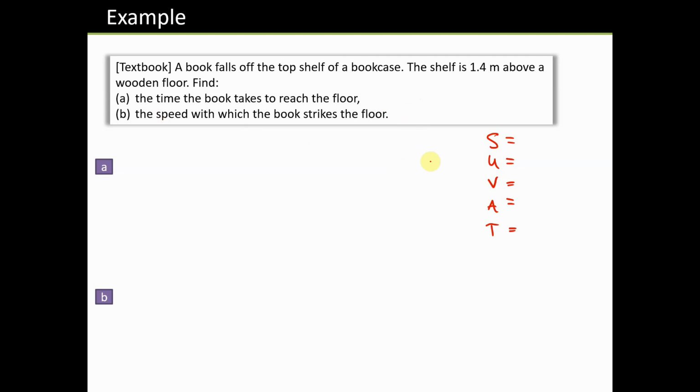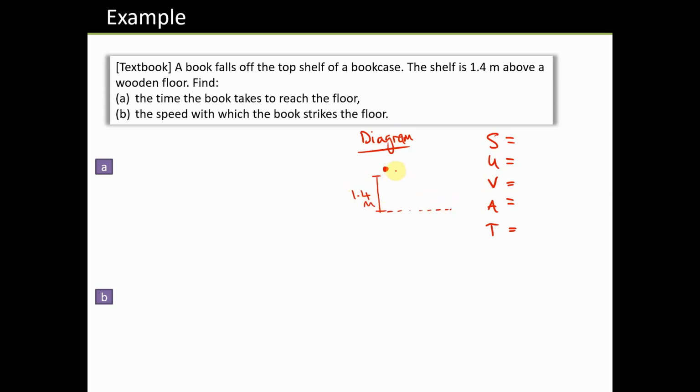So the first part of this question is important to just draw a quick diagram. If I draw a quick diagram of what's happening, we've got our book, and I'm going to model that as a particle. That's going to take away any of the air resistance or rotational forces. And it's 1.4 meters above the ground, so 1.4 meters, and this is my ground.